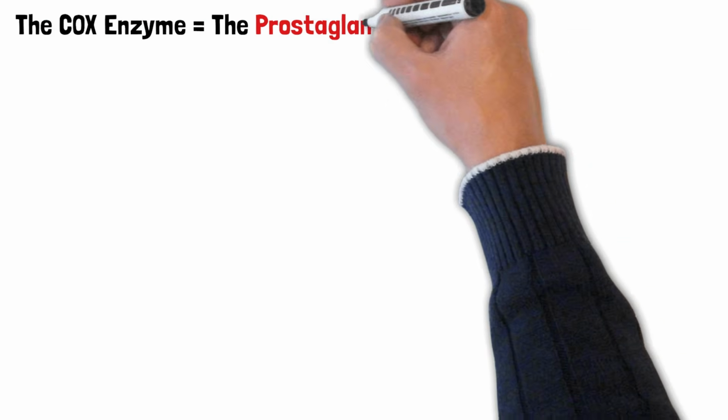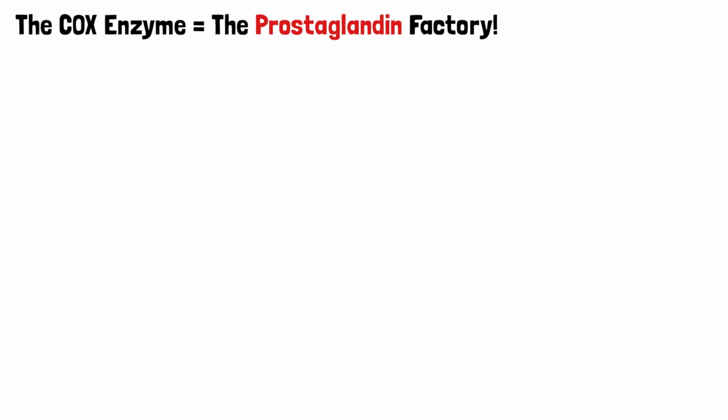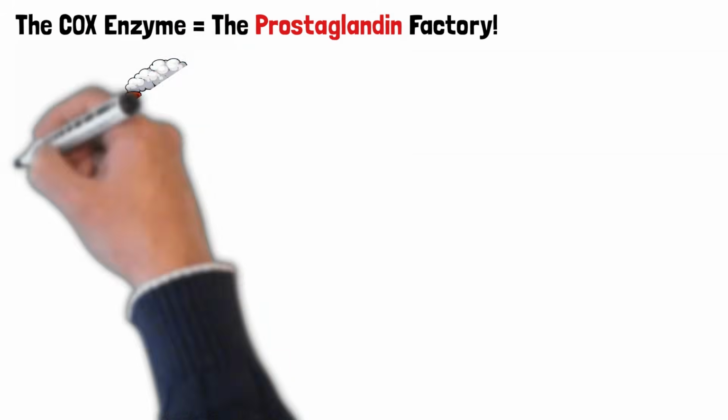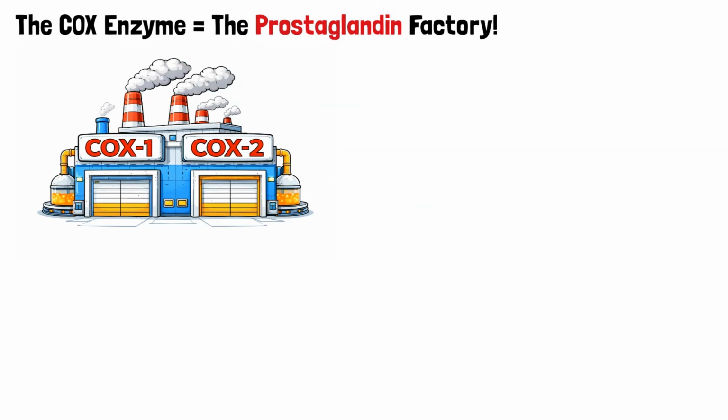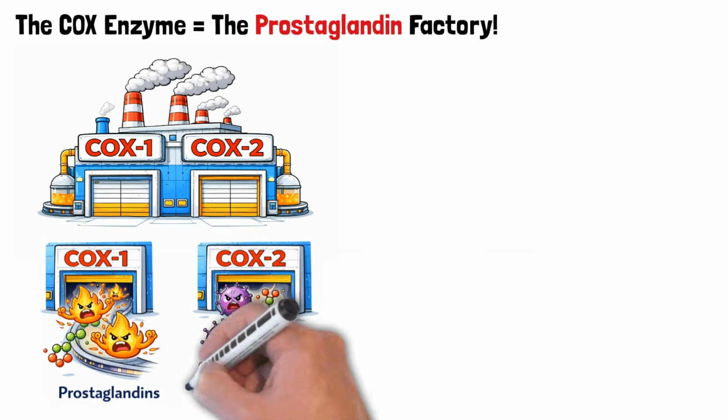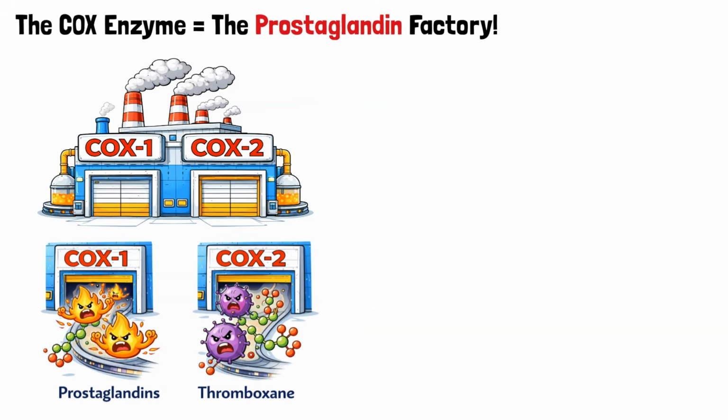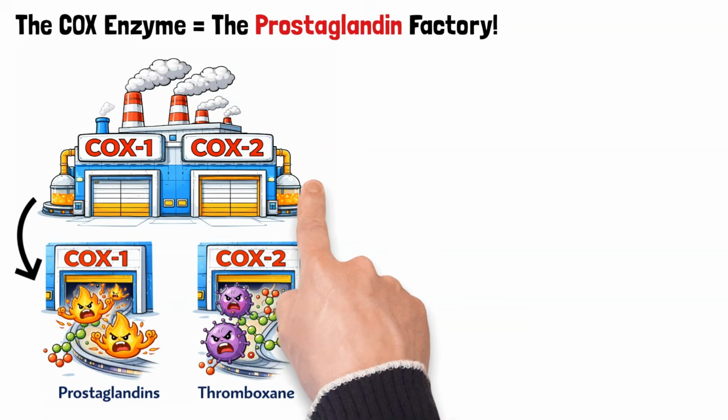Now that we know prostaglandins are what cause this swelling and this chemical reaction for inflammation, we need to talk about how they're made. So to make prostaglandins, your body uses an enzyme called COX. It stands for cyclooxygenase. Fancy word, but everybody just calls it COX. And to make it a little bit more complicated, there are two main versions that you'll typically hear about: COX-1 and COX-2.